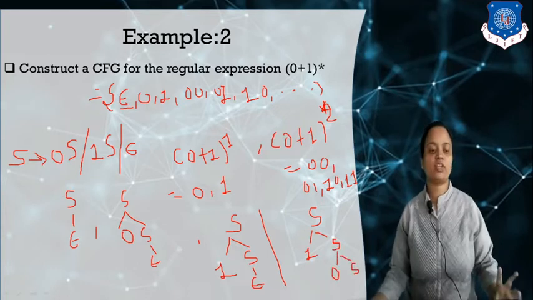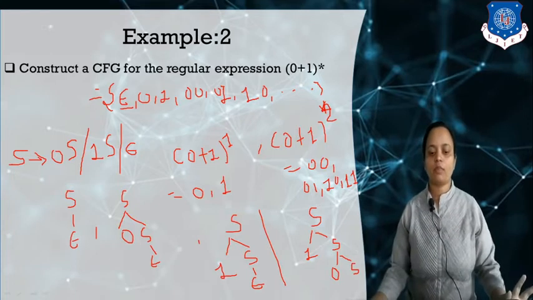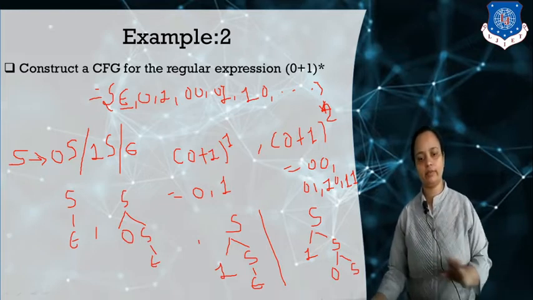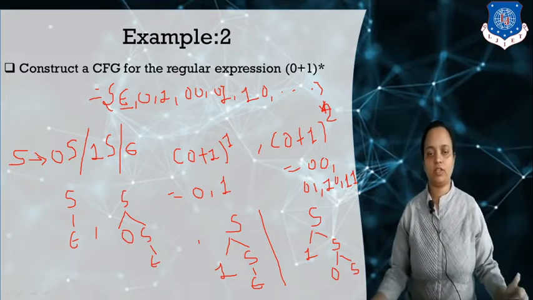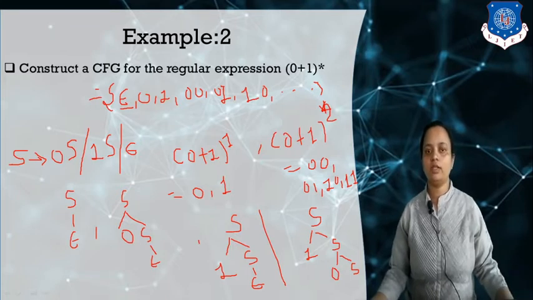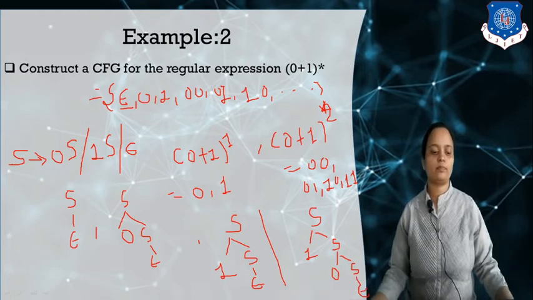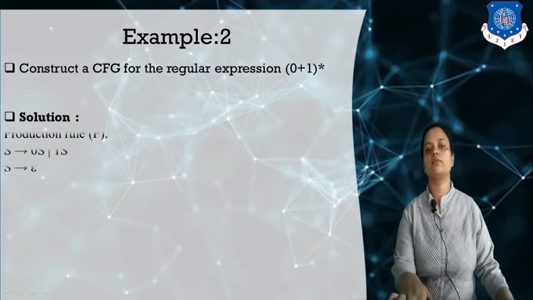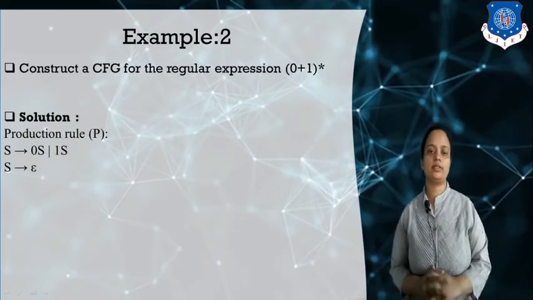I can use the productions of this grammar for generating the set of strings. So for reading the string, we read left to right, and we always read the terminals, the leaf nodes. So 1, 0, and S is replaced by null, so 10. So here you can see I have written down the expression like this.